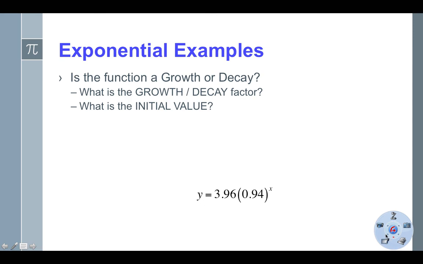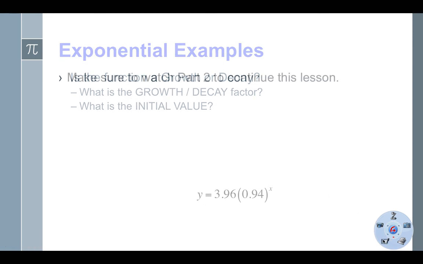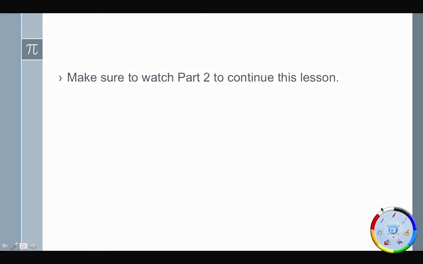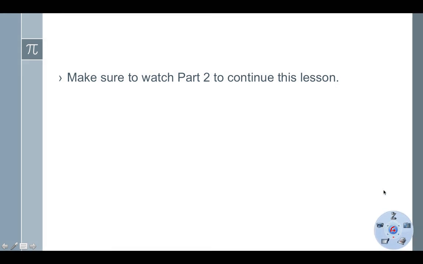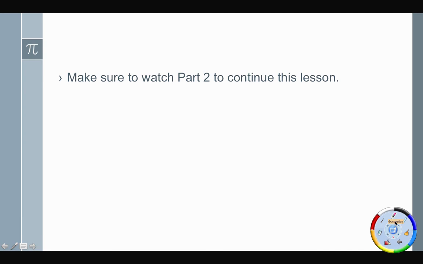One more simple example. We had y equals whatever the first number was times 0.94 to the power of x.